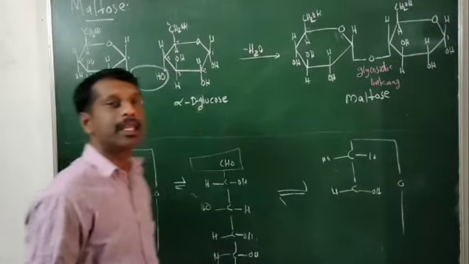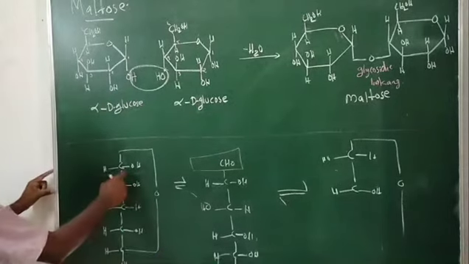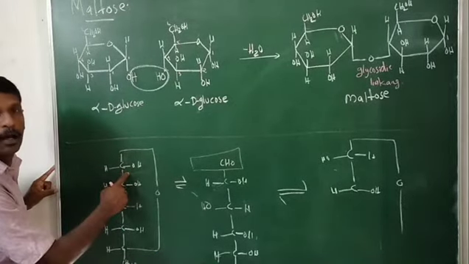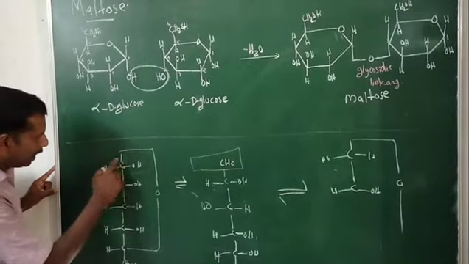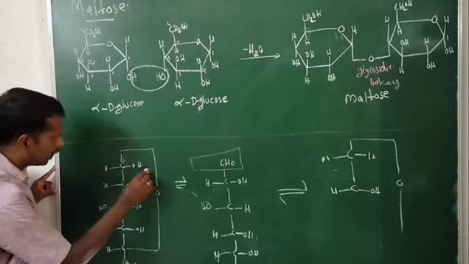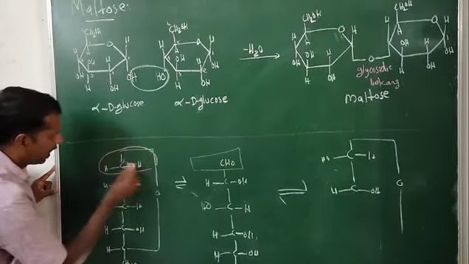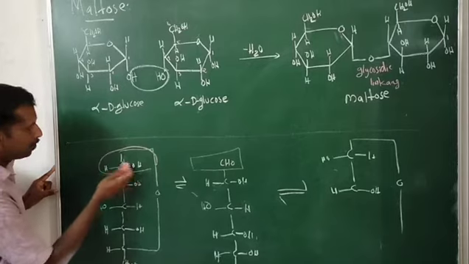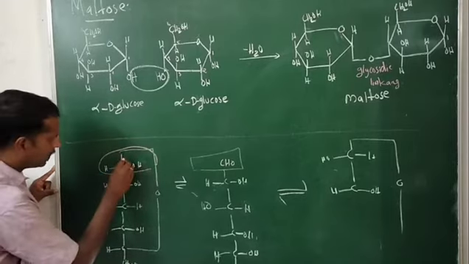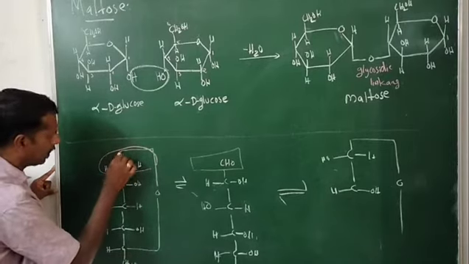What do you mean by a hemiacetal carbon? Look at here. This is our glucose cyclic structure. This is the first carbon. What is the structure? CHOH. This we have studied.